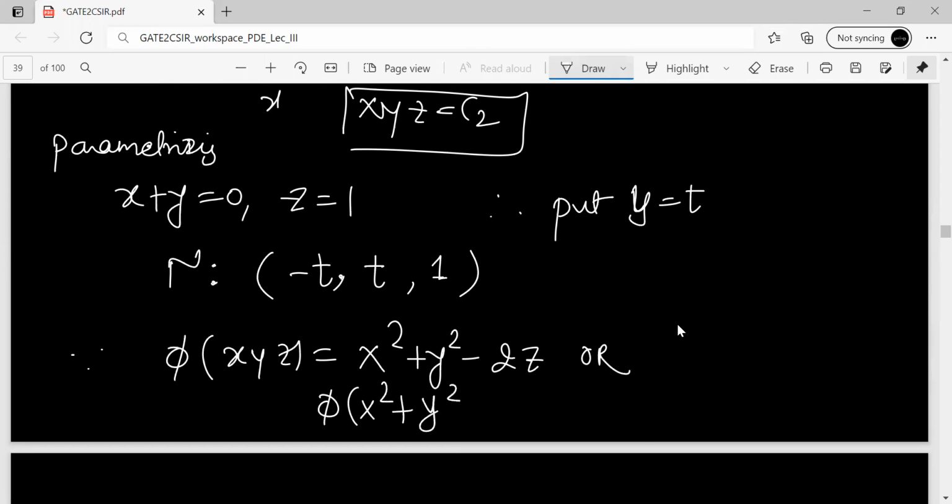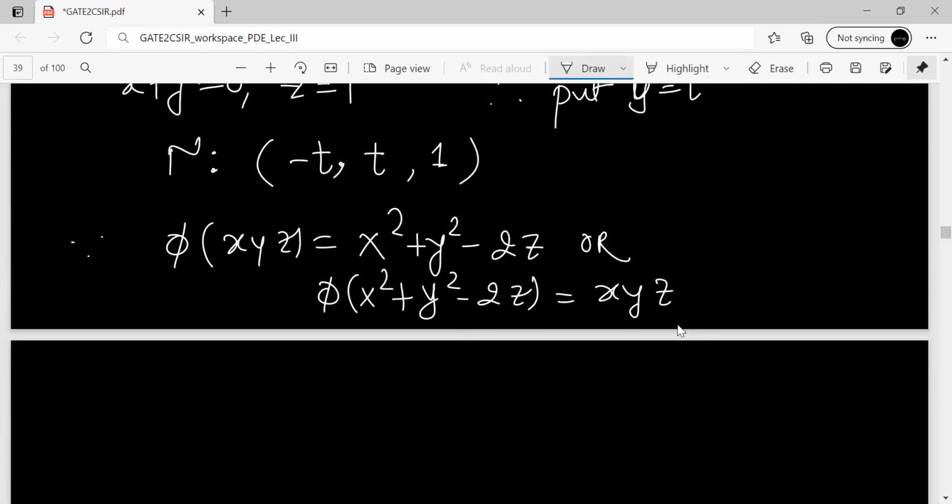But I'll suggest you write down whichever seems more convenient and easy to calculate, because you will be substituting all these values in this to remove this arbitrary function phi. Okay, because we need a surface, not an arbitrary function. So you just take this one. In fact, it's quite simple. Or this one, x square plus y square will be t square plus t square minus 2. Okay, so I'll take this one.